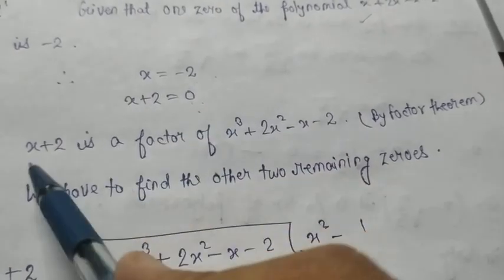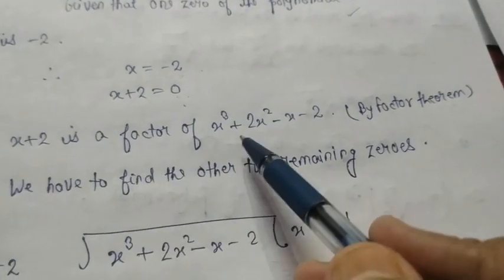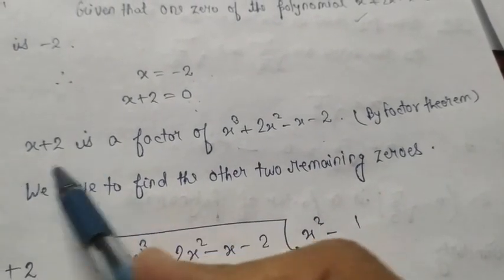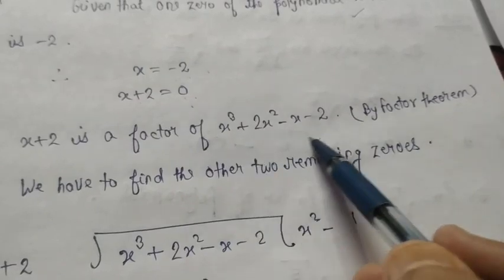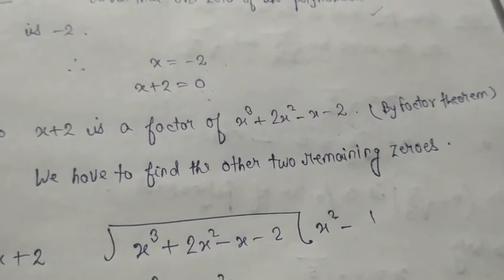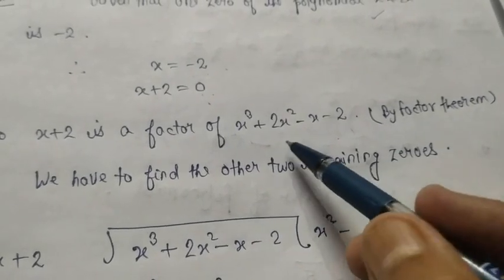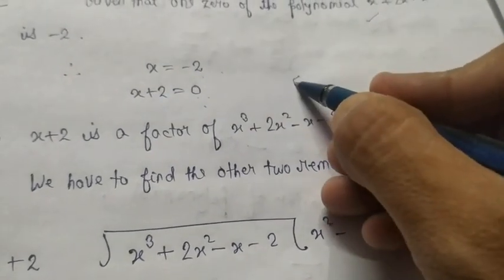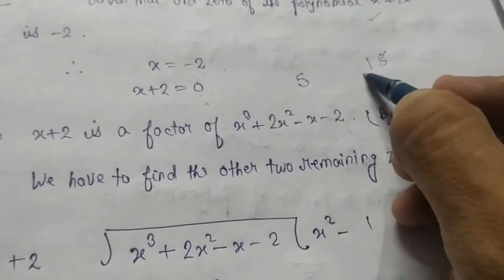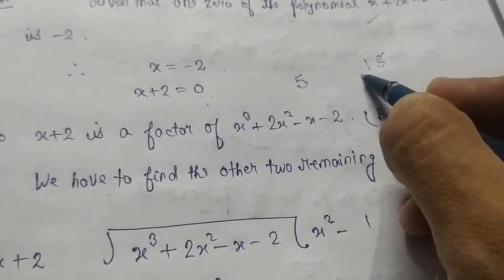Now I can say x plus 2 is a factor of this. Okay, factor means this will completely divide the given expression. Factor means there will be no remainder. Suppose 5 is a factor of 15. So 5 will completely divide 15. It means the remainder will be 0.